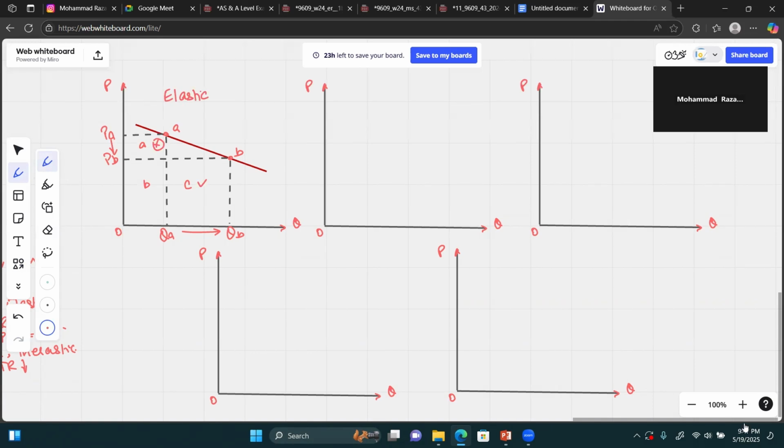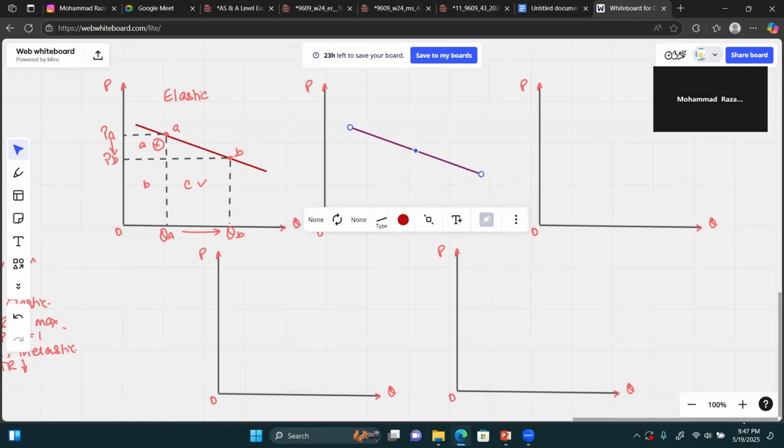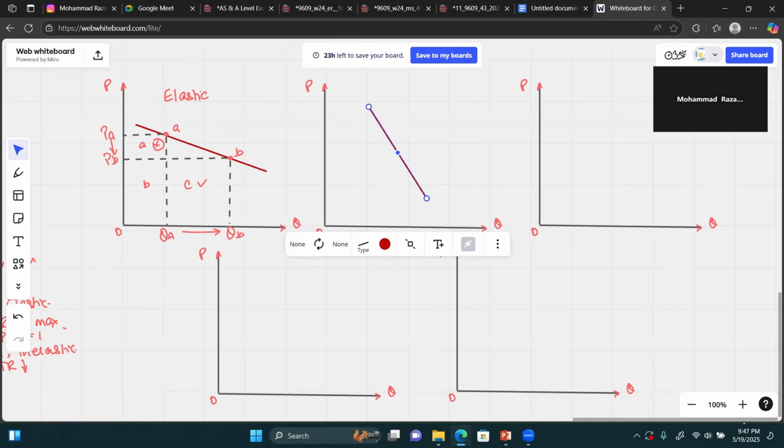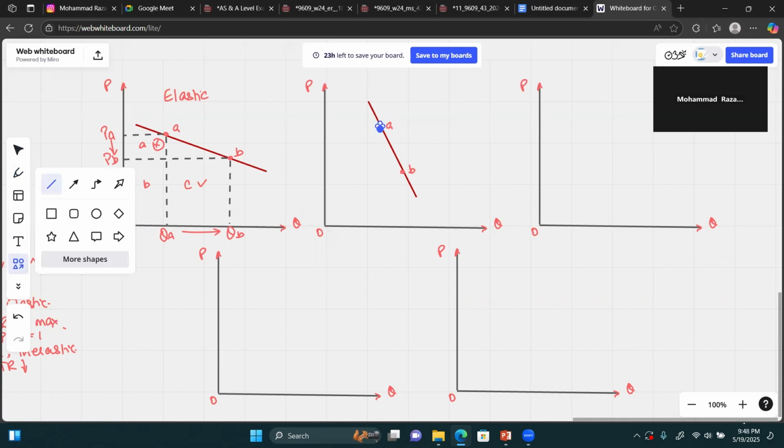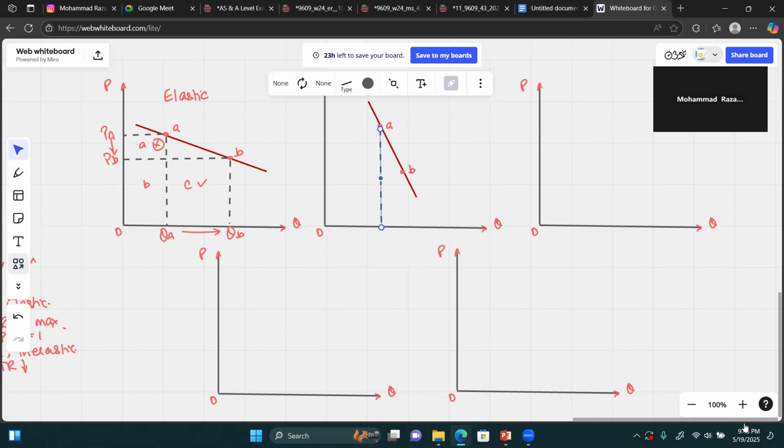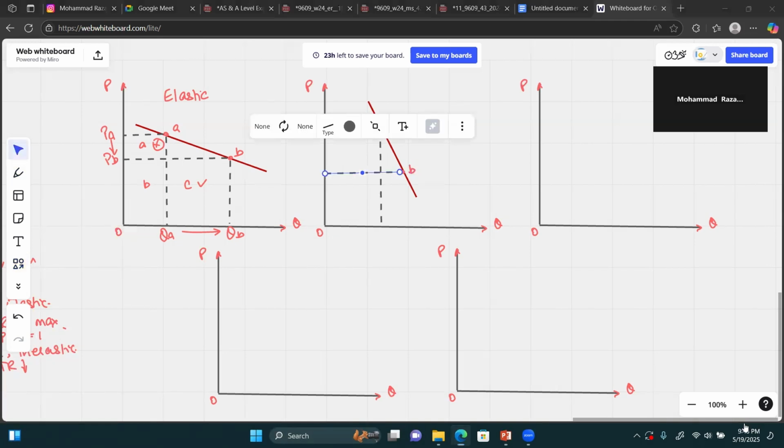Similarly, if I want to show an inelastic demand curve, what I am going to do is take this demand curve and keep it more vertical. Now, let's call this A. This was my point at price A and at price B. So what can you see?